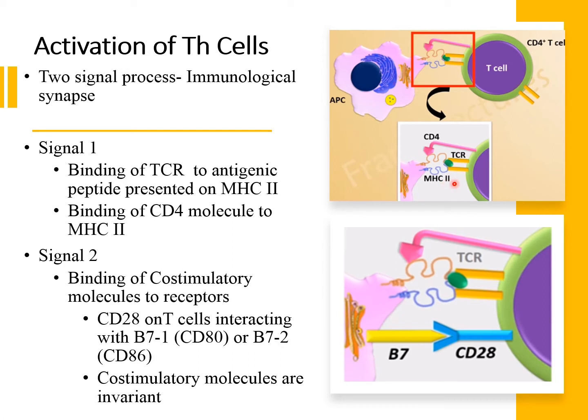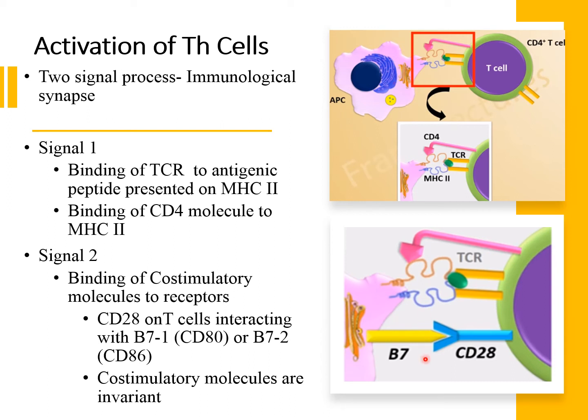The first signal is provided by binding of the T cell receptor to the antigenic peptide presented by the MHC class 2 molecule. This interaction is enhanced by binding of CD4 co-receptors to the beta 2 domain of MHC class 2. Binding of these molecules provides the first signal.